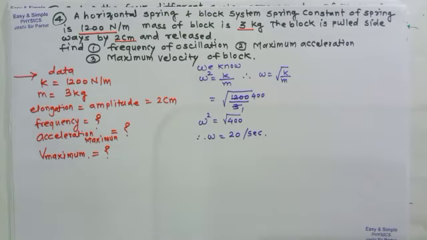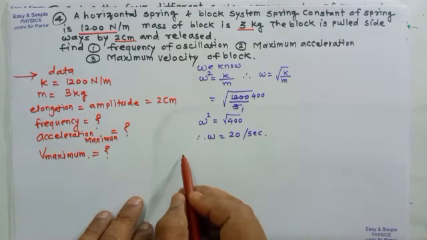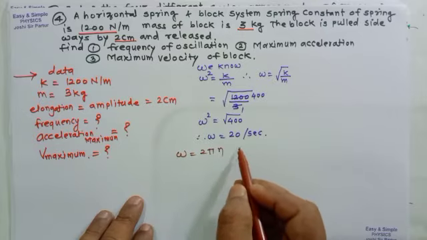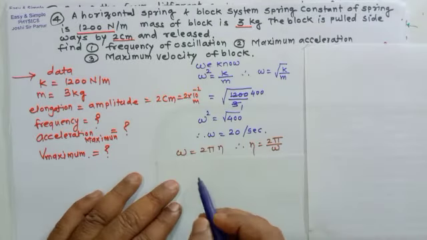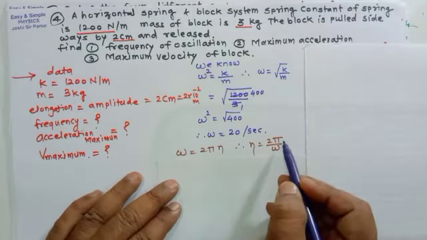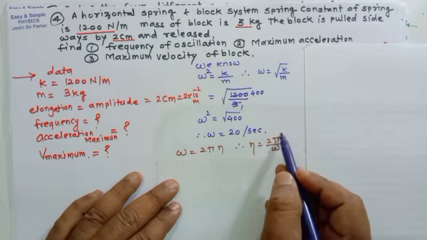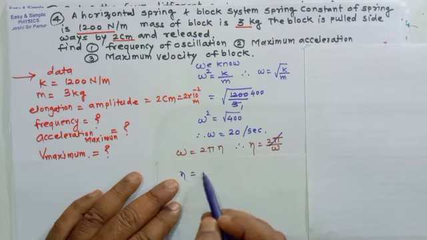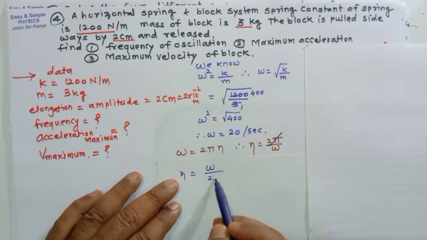Again, if we solve for frequency, we know the formula omega equal to 2 pi n. Therefore frequency n equal to omega upon 2 pi.